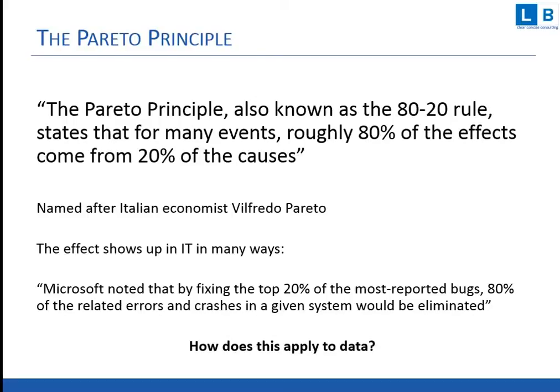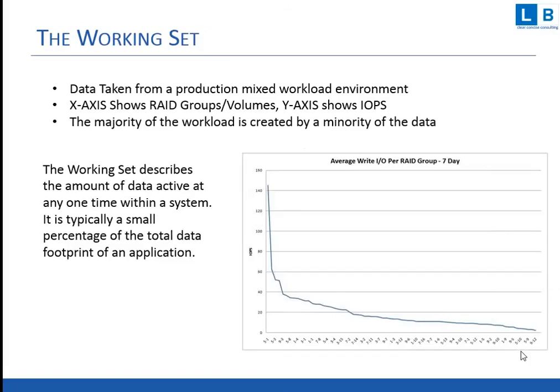If we flip on to the next slide, Max, I'll give you an example in terms of the working set of a system. This is a graph taken from a live system, and it shows on the x-axis the data in terms of volumes, and on the y-axis the number of IOPS generated by each of those volumes.